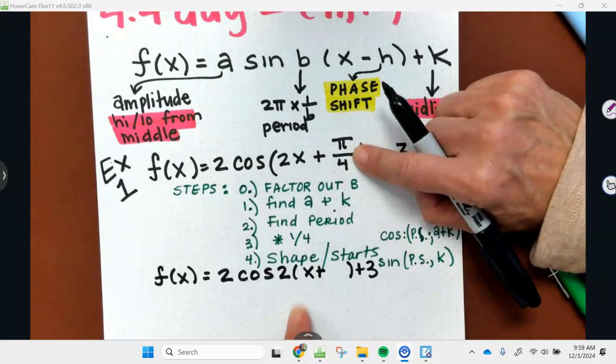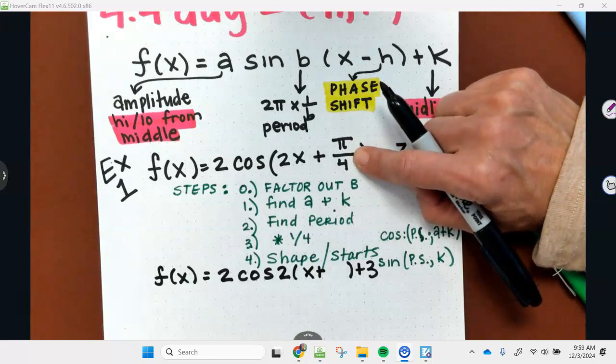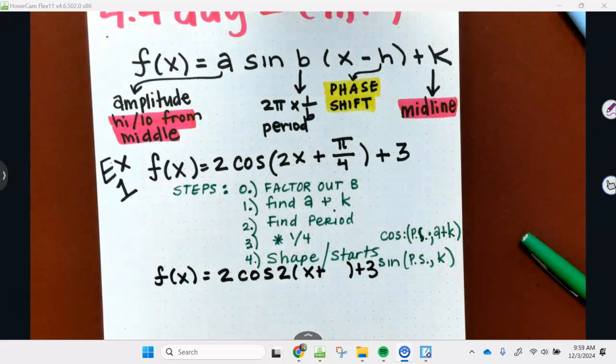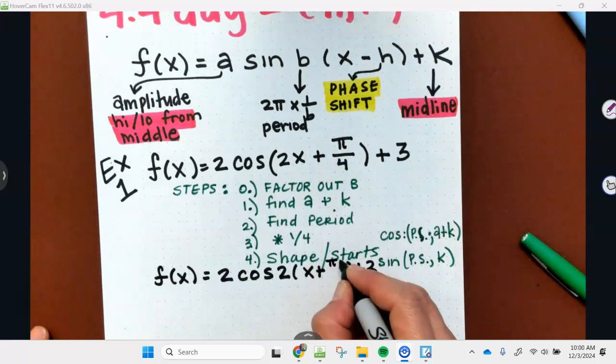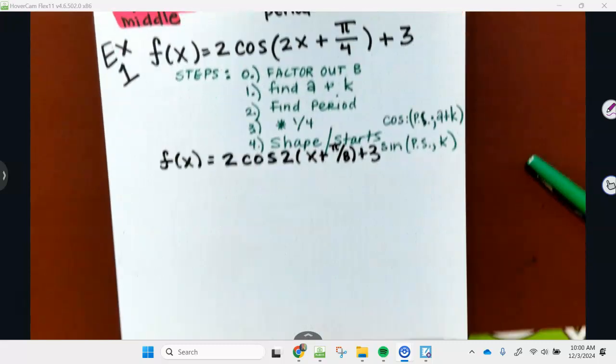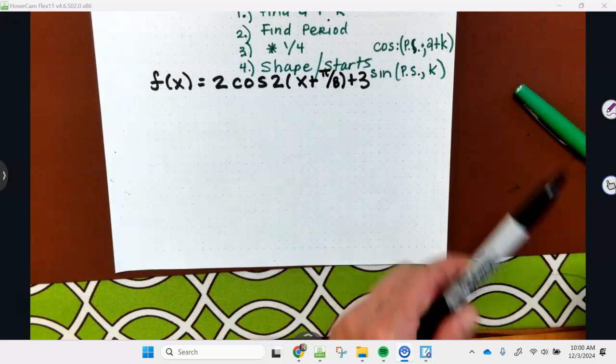Now remember, this is divided by 2, or you can multiply by the reciprocal. So this is going to turn into, goodness, all this stuff. What does that turn into? Pi over 8. Pi over 8.